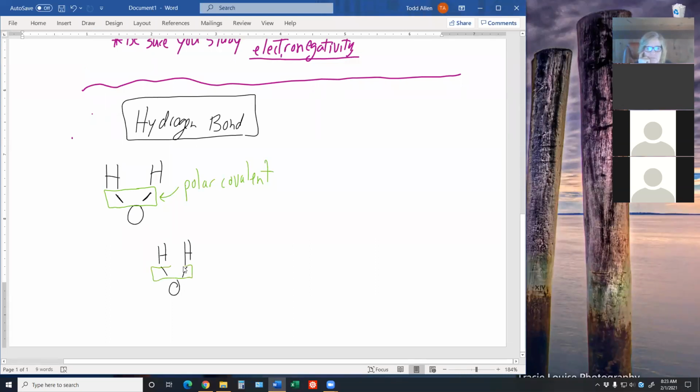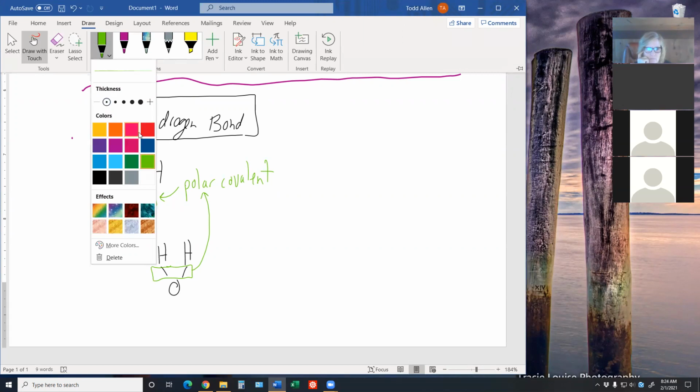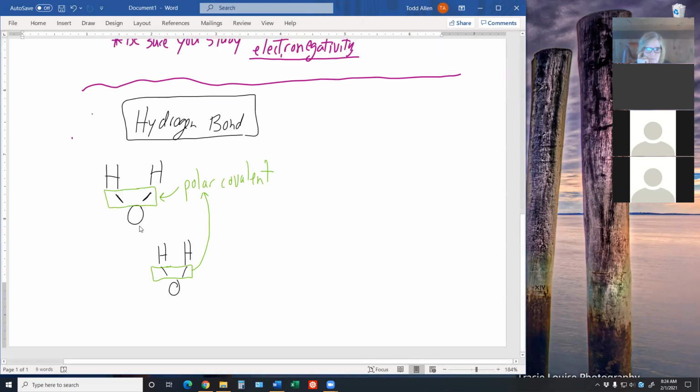What I want you to notice is that the hydrogen bond is actually forming between the oxygen of the top water molecule and the hydrogen of the bottom water molecule. So I'm going to indicate that with a dotted dashed line here. Okay, this is the hydrogen bond.